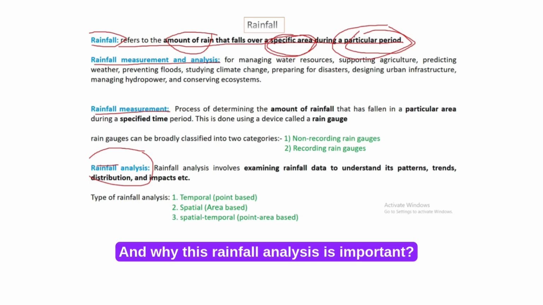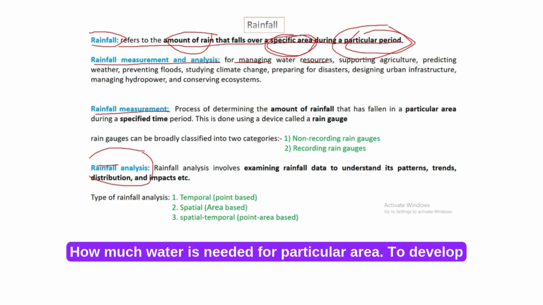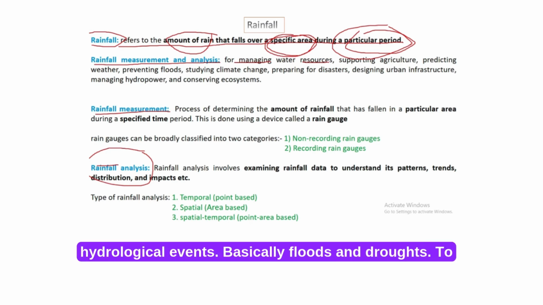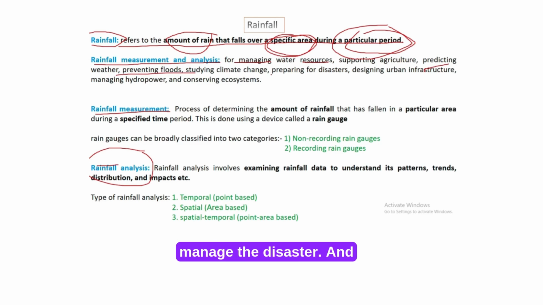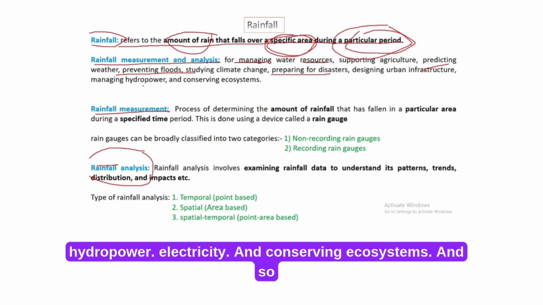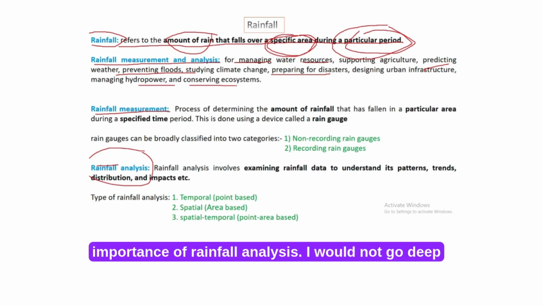And why is rainfall analysis important? You can see here a few points: for managing water resources, for supporting agriculture to understand how much water is needed for a particular crop or a particular area, to develop an agriculture system, predicting hydrological events, especially floods and drought, to manage disasters, to develop urban infrastructure, to develop hydropower and electricity, and to conserve ecosystems, etc. There are various points showing the importance of rainfall analysis.